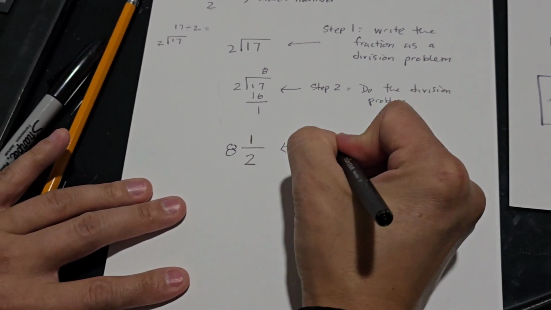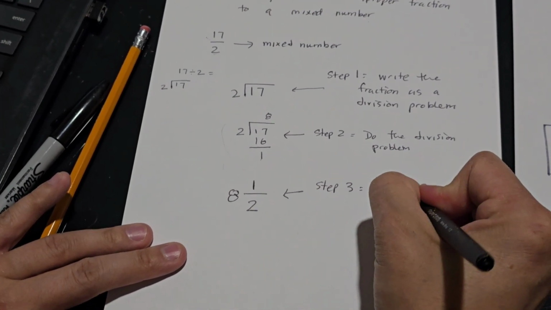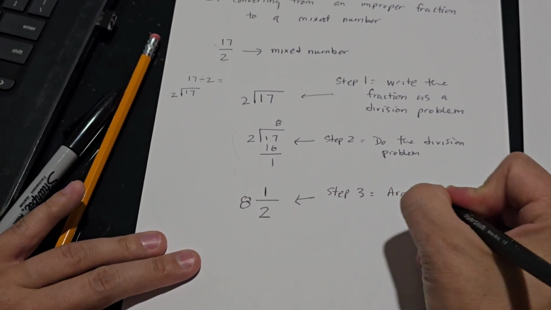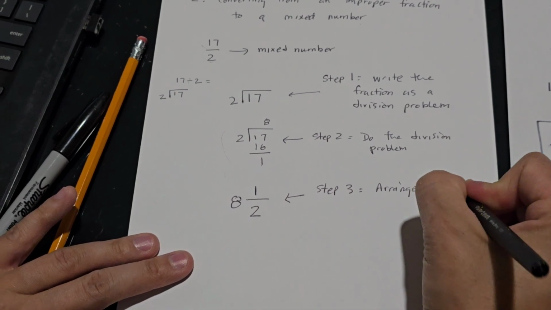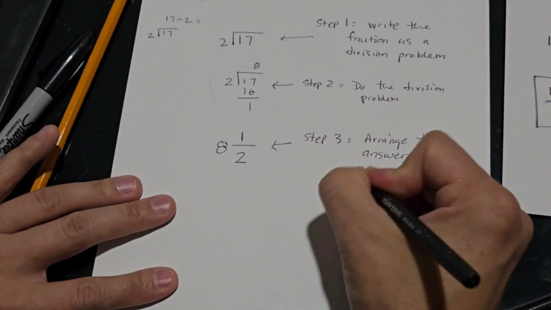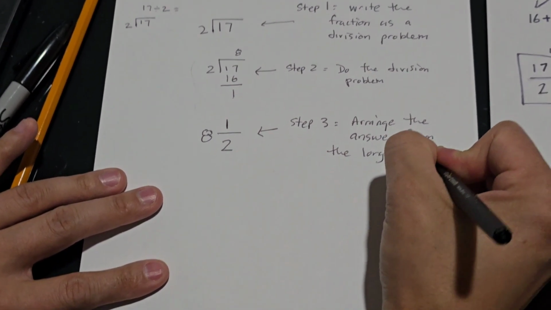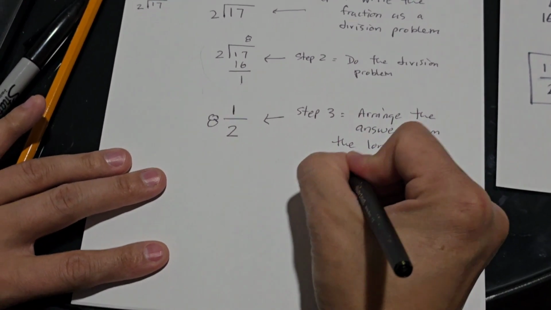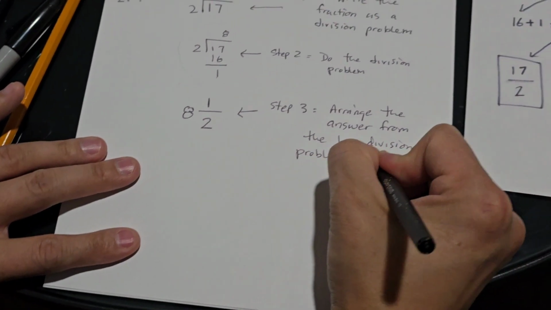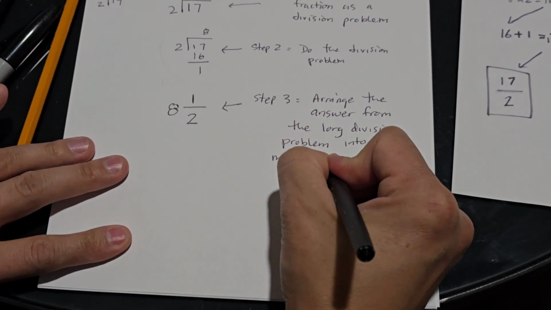So let's say step 3, arrange the answer from the long division problem into a mixed number.